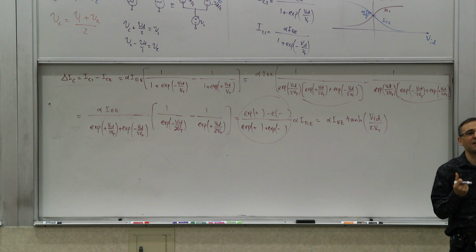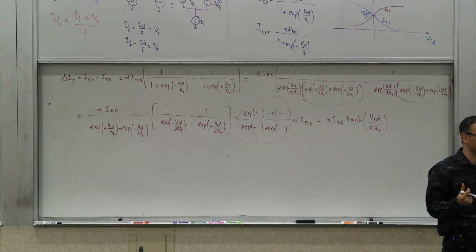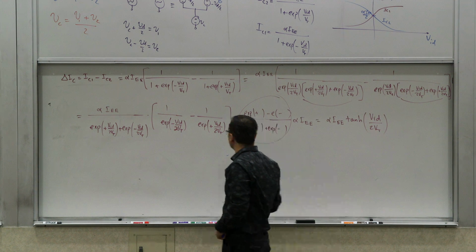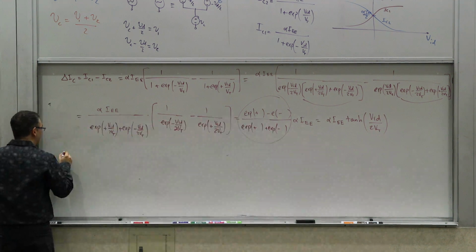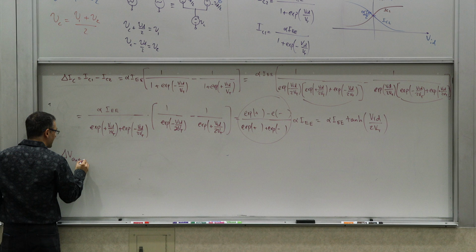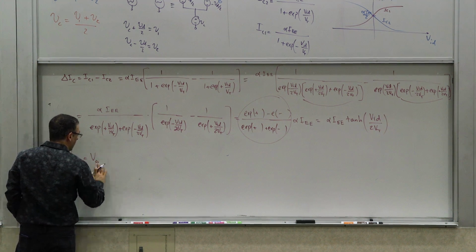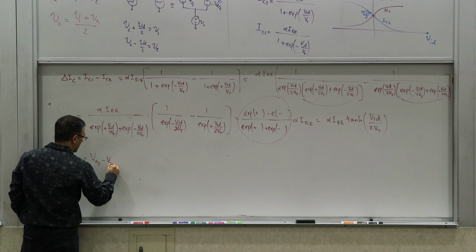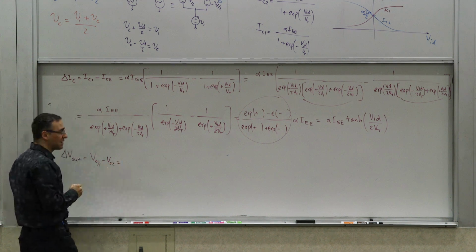So that's the differential current, the large signal differential current. The function describing this is going to be a hyperbolic tan. So if I want to see actually what is delta V_out, the differential voltage, V_O2 minus V_O1, I have to write each one of them in terms of I_Cs.